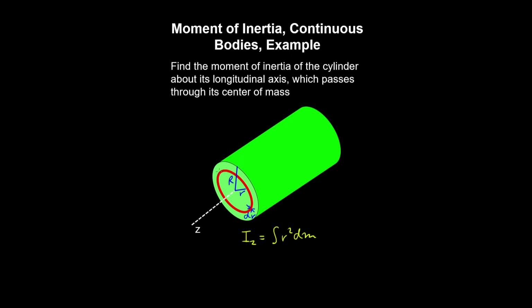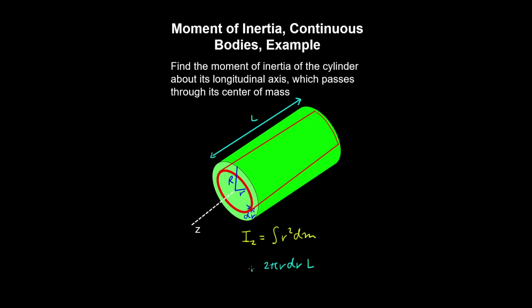So in this case we'll break the cylinder into infinitely thin shells, and these shells have a volume of 2 pi r by dr, and that's multiplied by the length of the cylinder.